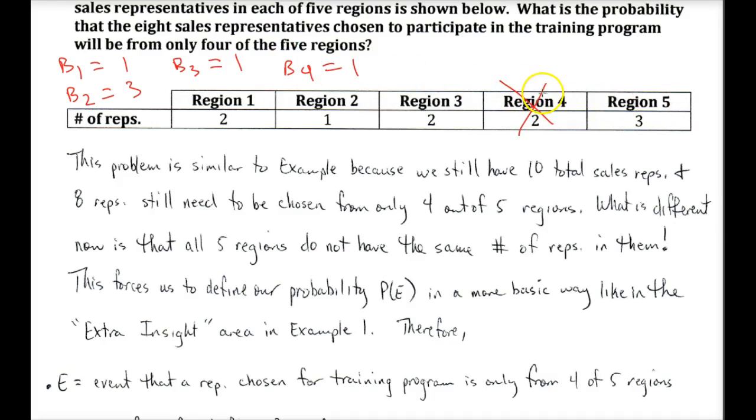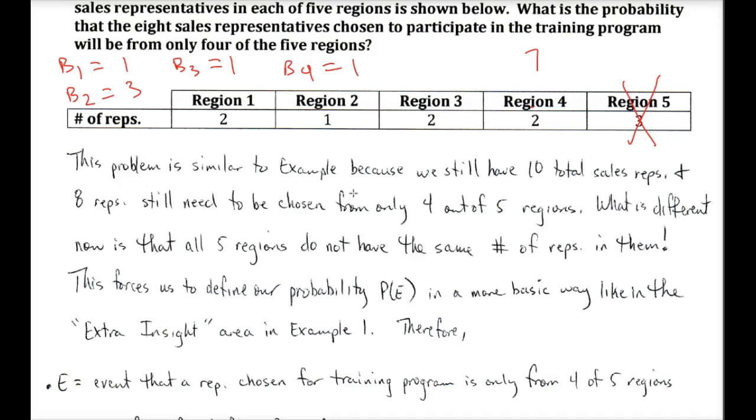Now for region 5, if we get rid of region 5, then we have a strange situation here, because if we add up all the numbers, we only have 7, and we need 8 representatives.